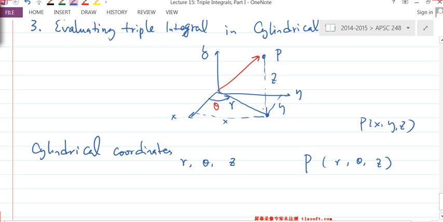If I want to relate Cartesian and cylindrical coordinates together, x equals r cosine theta, y equals r sine theta, and z is z. There's no change. So one set of coordinates x, y, z is mapped into another set of coordinates r, theta, z through this relationship right here.